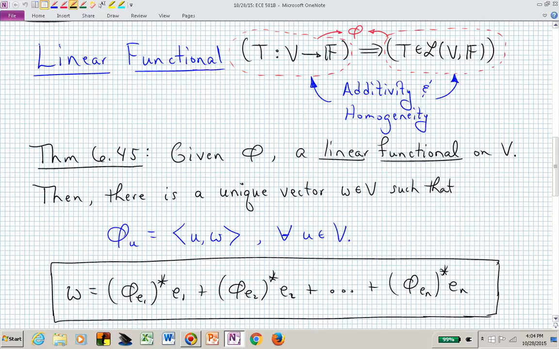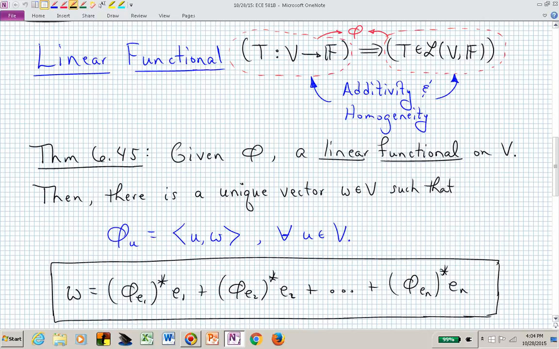It's a linear map, which means it satisfies additivity and homogeneity. And Theorem 6.45 says that if you're given a linear functional phi on this vector space V, then you can find a unique vector W, which when used in an inner product on that vector space V, makes that equal to this linear functional phi.